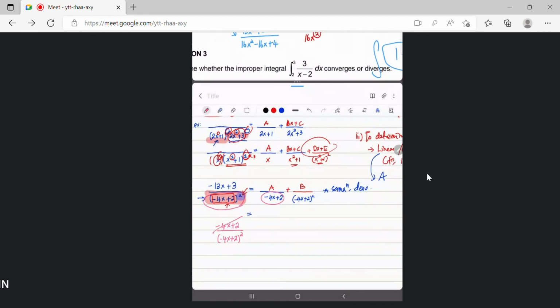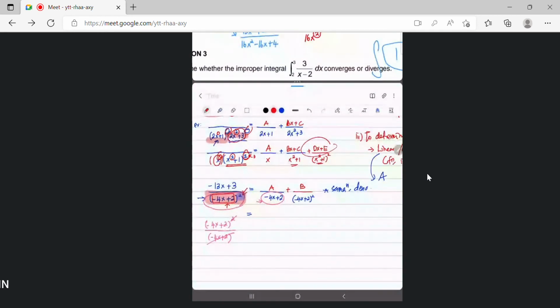So, bila kita bahagi, terbalik. Okay, ambil original denominator. So, negative 4x plus 2 squared, you divide with kita punya denominator. So, negative 4x plus 2. So, bila kita potong, sebenarnya kita hanya kekurangan negative 4x plus 2.